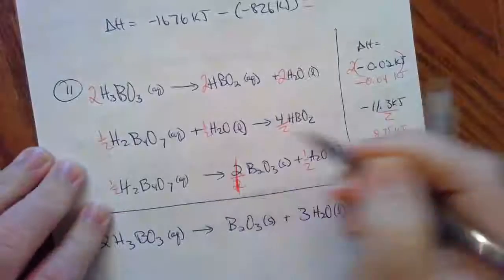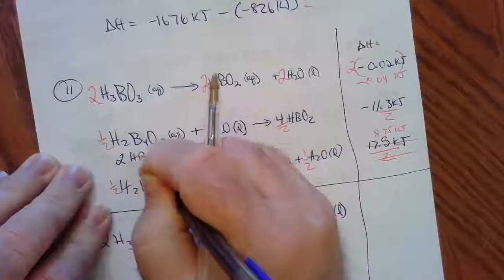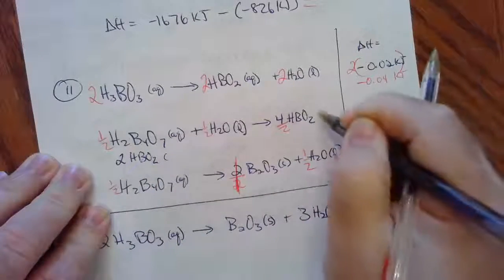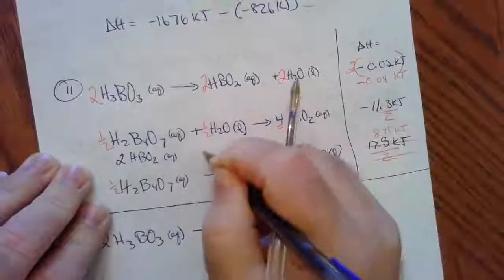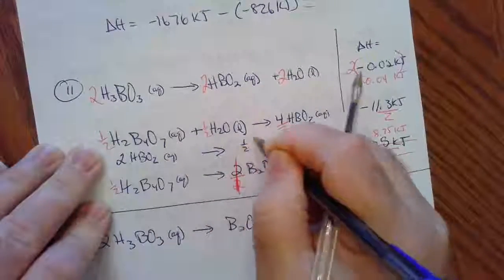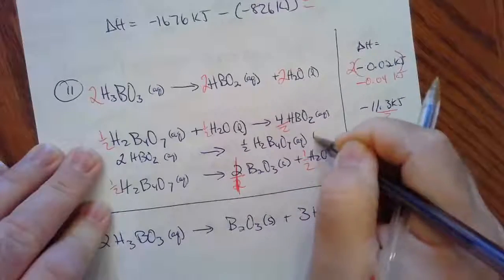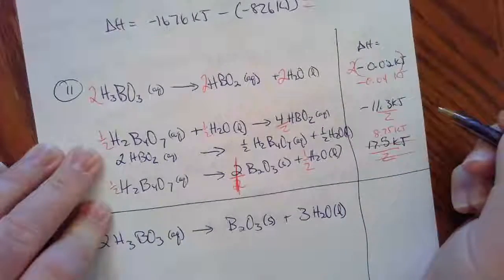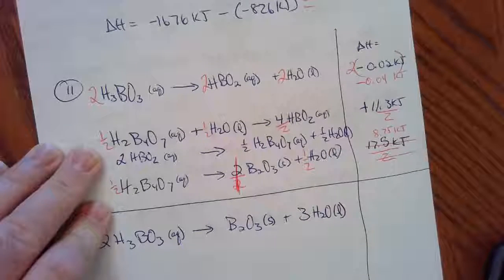So it turns out to be 2 HBO2 (aq) makes 1/2 H2B4O7 plus 1/2 H2O. And since I flipped it, I've got to change the sign. So now 11.3 is positive. Divided by 2, 5.65.